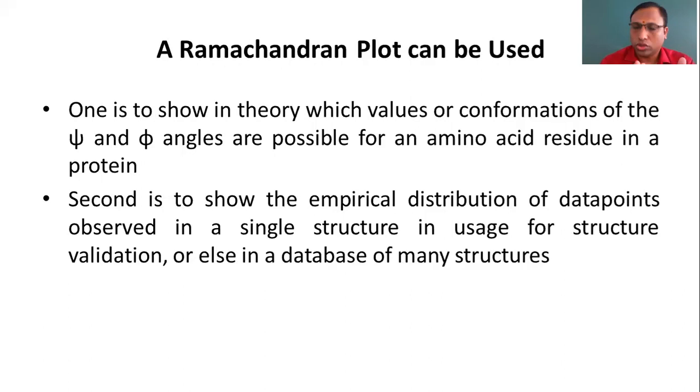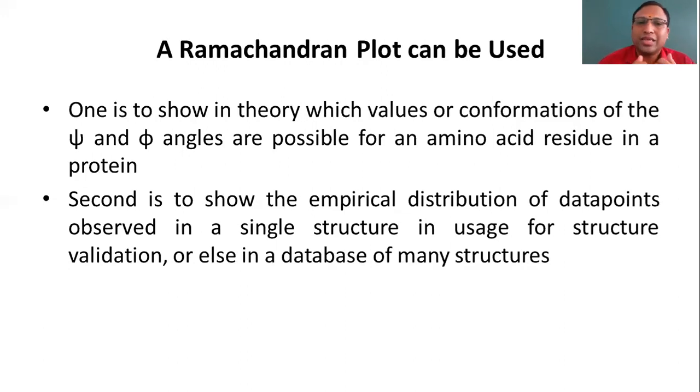So how can the Ramachandran plot be used? One is to show in theory which values or conformations of the phi psi angles are possible for an amino acid residue in a protein. In the theoretical aspect, you mention that this is the angle of phi, this is the angle of psi, for particular amino acids in a particular protein.